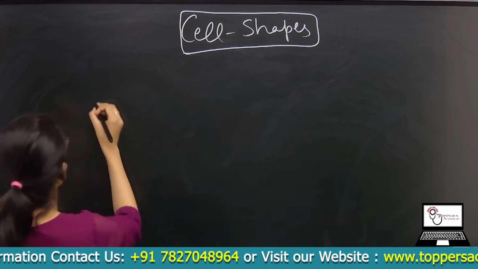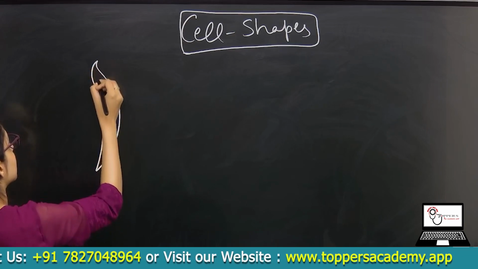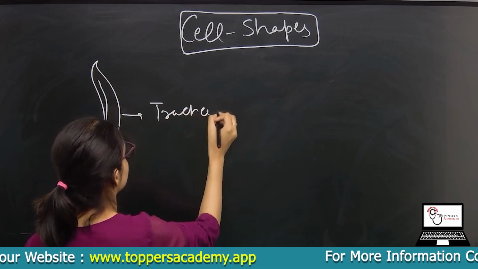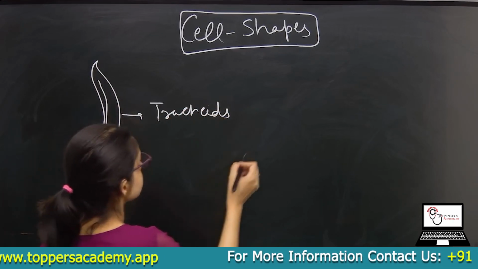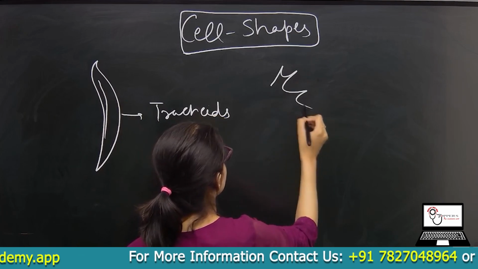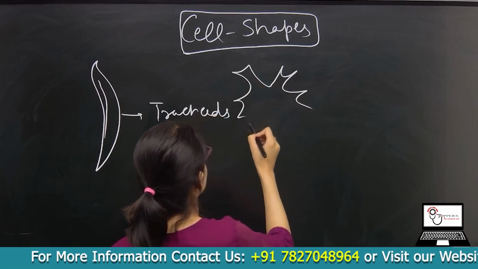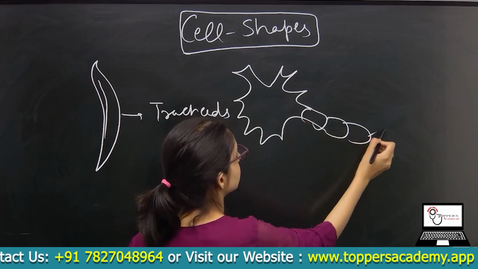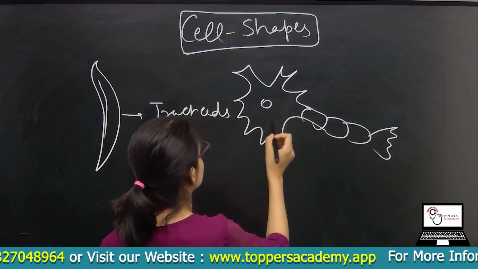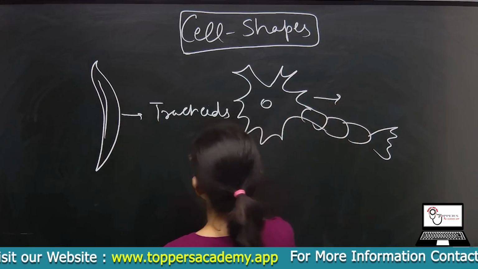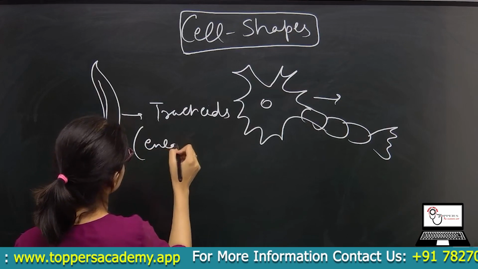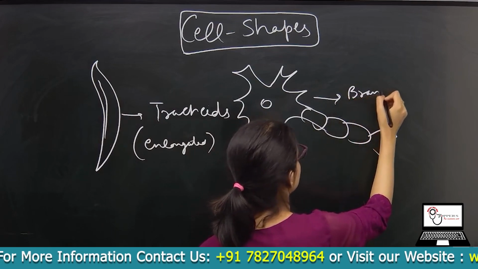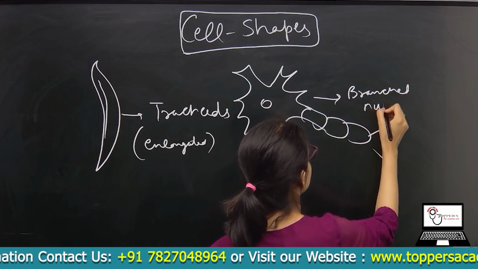The first is the elongated, which is present in the tracheids in plants, and another is the branched. Here is the elongated, and there is the branched neuron.